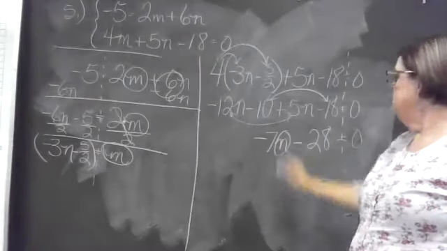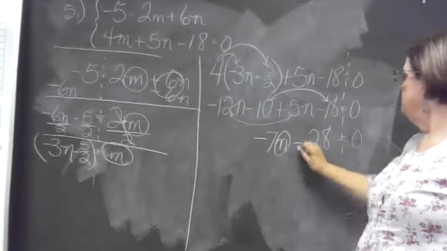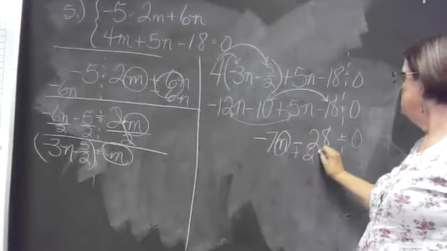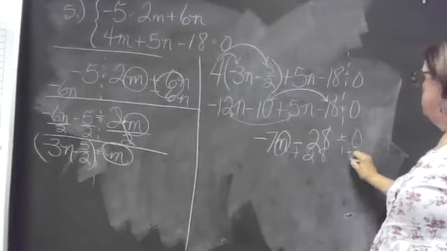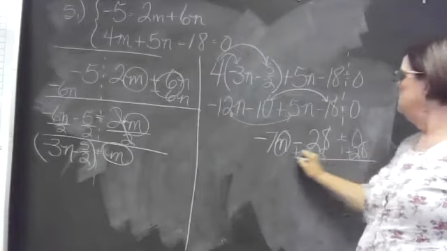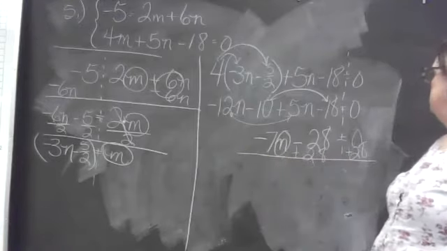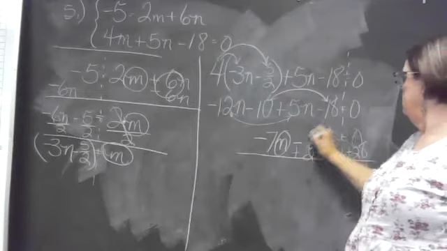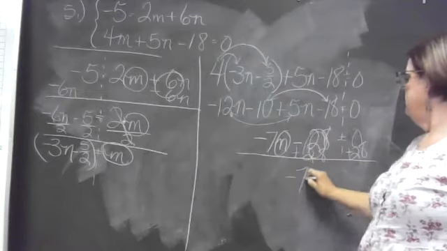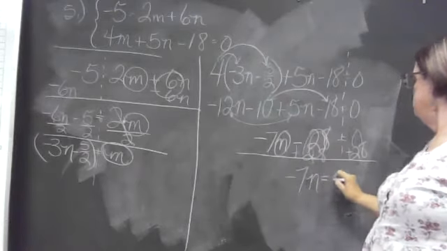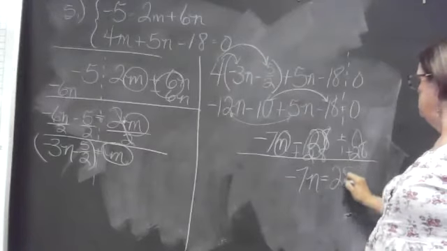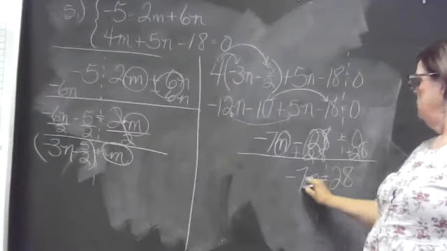Now I want to solve for the n. And so I'm going to have to get rid of the 28. Add 28 to both sides. And so now I have negative 7n equals 28. One more step.